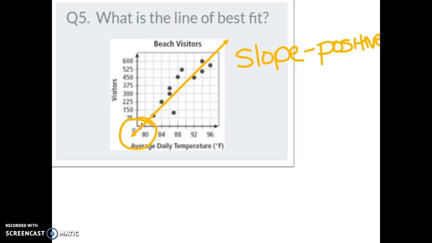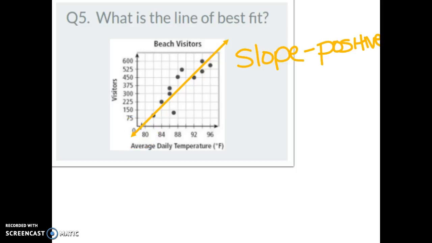If they were to say, hey, this y-intercept is a positive 375, I would say, no, that's not true, because this line isn't shifted up high enough to say it's at 375. Remember, the intercept is telling you how far up or how far down this graph is being shifted.